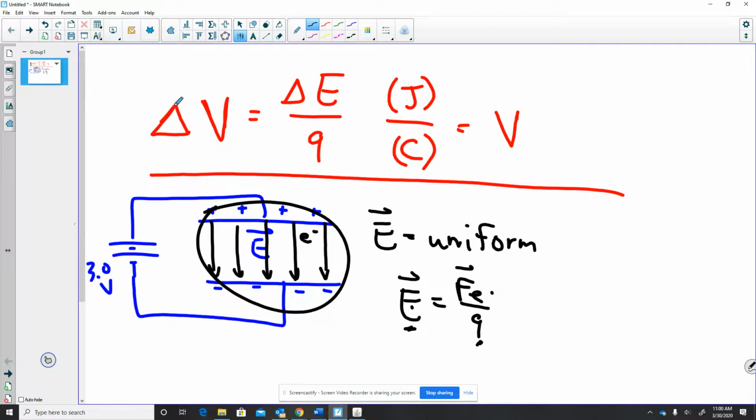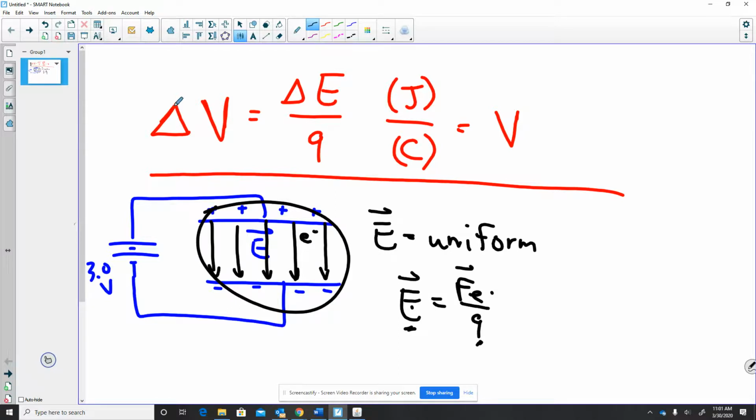That's why they're used: the electric field is constant, steady, and very reliable. Outside of the parallel plates, we basically say that the electric field is negligible. In Physics 30, we basically say that it's nothing. So we're only really looking at the electric field in between.